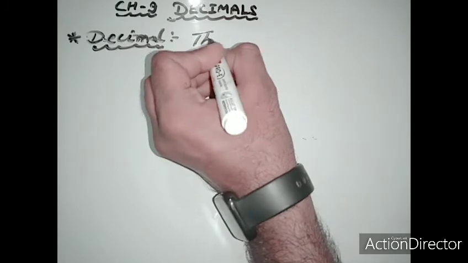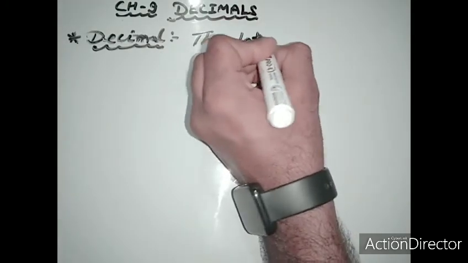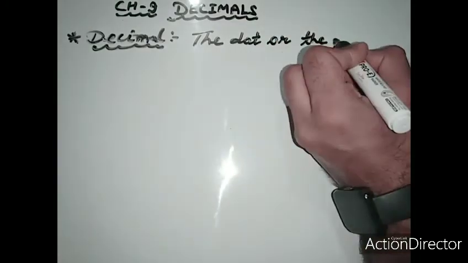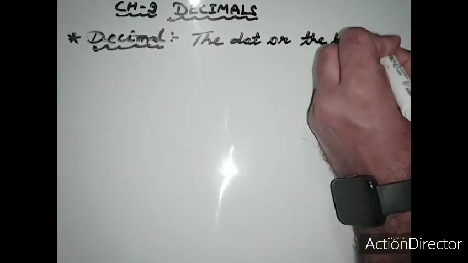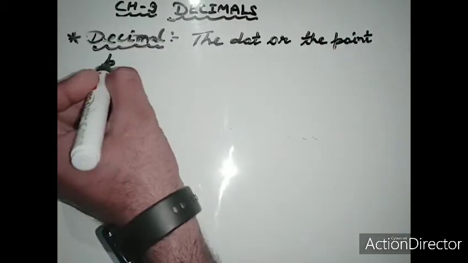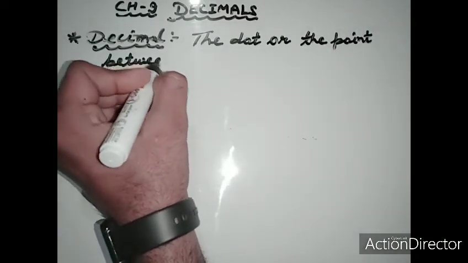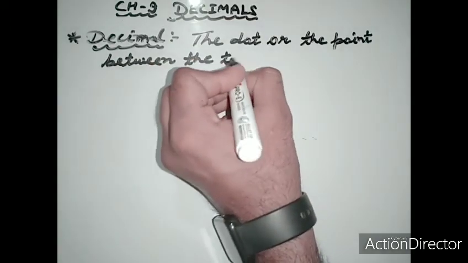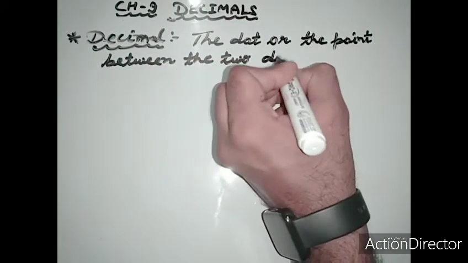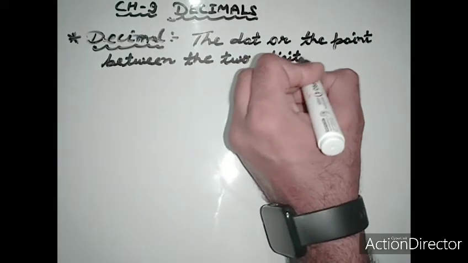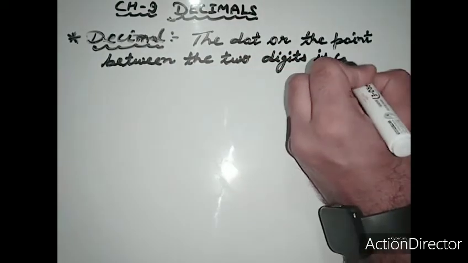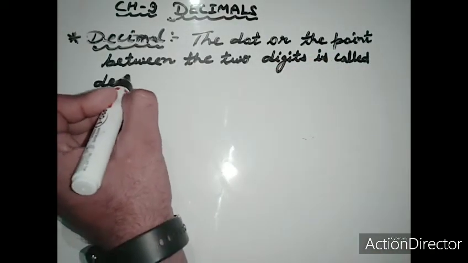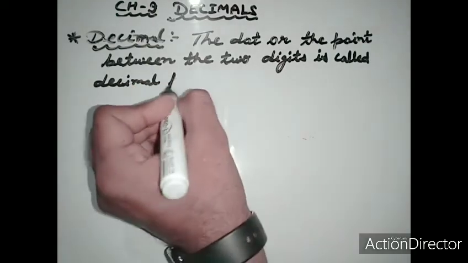So here we write: the dot or the point between the two digits is called the decimal point.